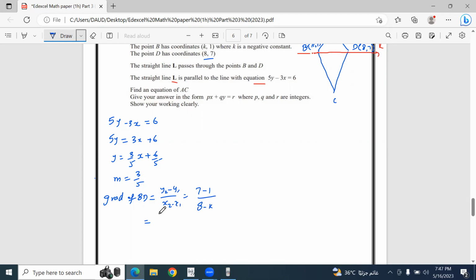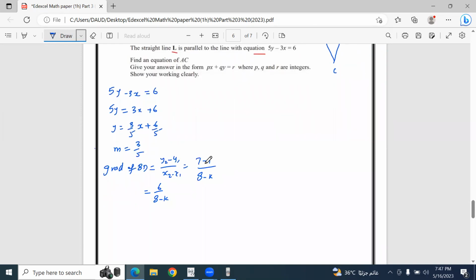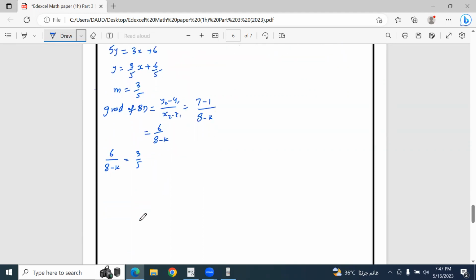Or we can say that it is 6 over 8 minus k. But this gradient is equal to that of the line because that line is parallel to BD. So the gradient must be the same. If the gradient must be the same, we can say that 6 over 8 minus k is equal to 3 over 5.